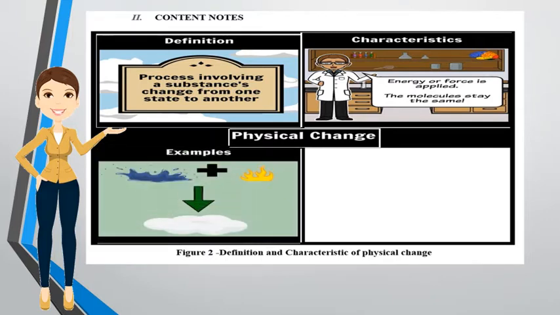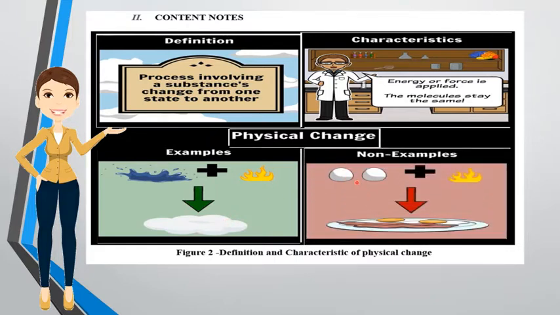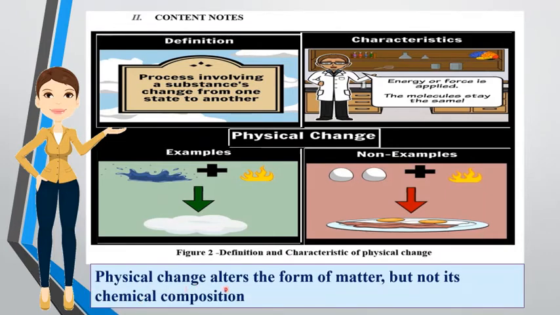Alright, and then an example here, as we have talked about on the previous slides, is water and heat energy. It becomes a water vapor. And the next here is not an example of physical change. Remember, physical change alters the form of matter, but not the chemical composition.